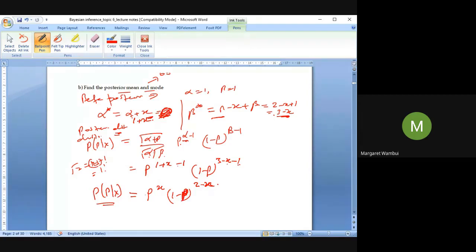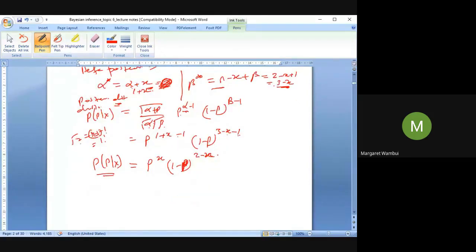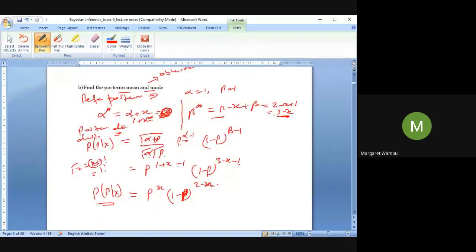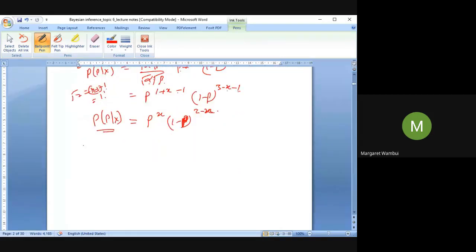Now, suppose I take a specific case, because if I wanted to work out directly, for example, the mean is easy to get because we know the mean is the posterior mean. You just get the mean of the posterior distribution.